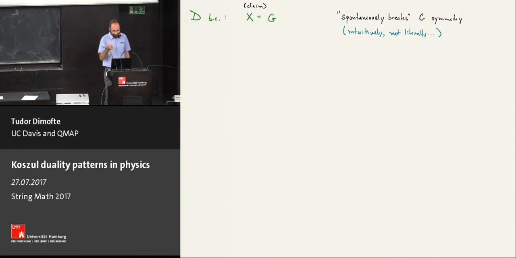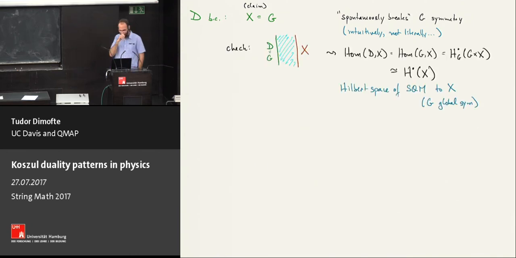We want to turn the gauge symmetry into global symmetry. I'm saying that the stabilizer of any point on G under G multiplication is trivial. That's the symmetry breaking.